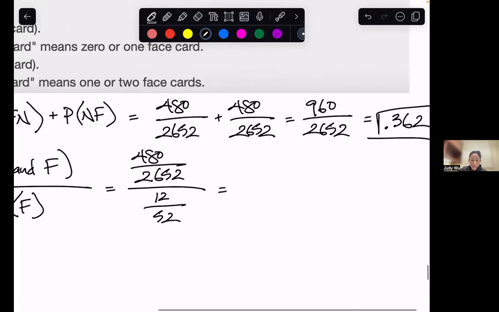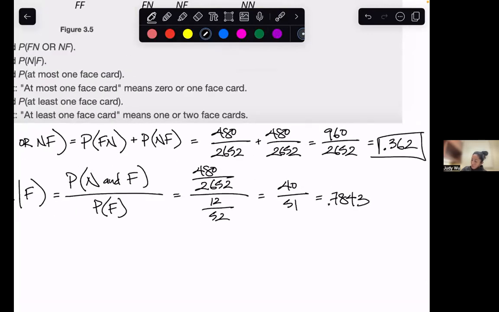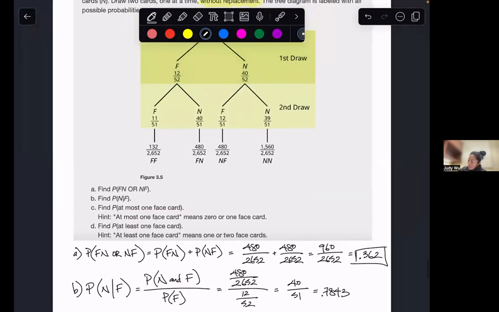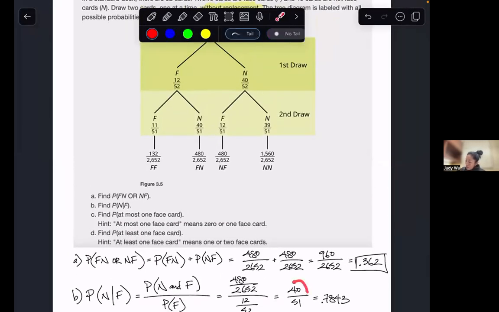And if we put this into our calculators, we should get about 40 over 51 or 0.7843. Okay. But some of us might notice 40 over 51. Well, that's the same as this 40 over 51.